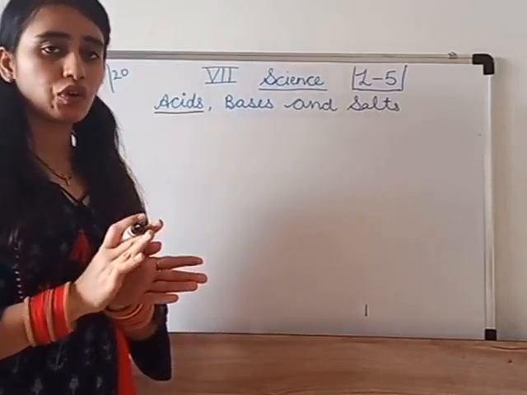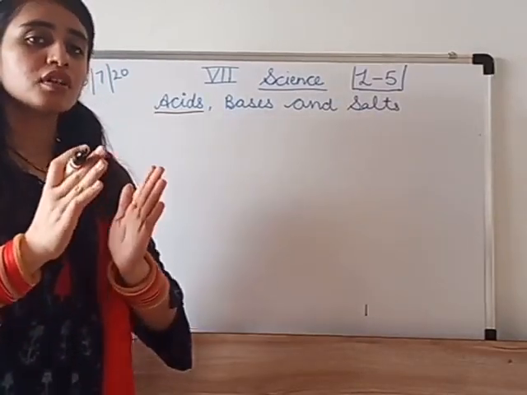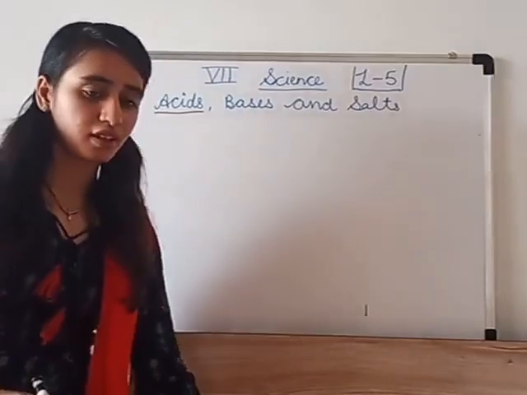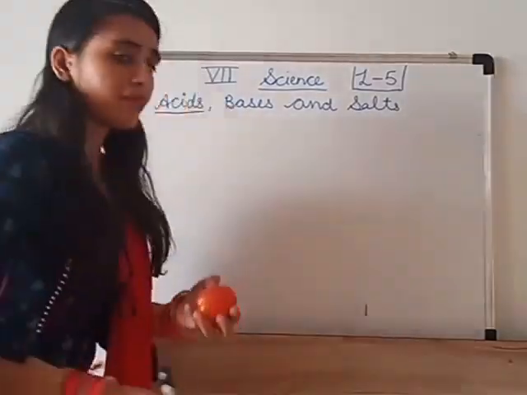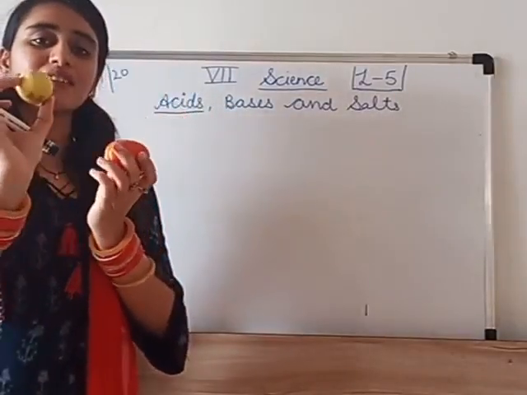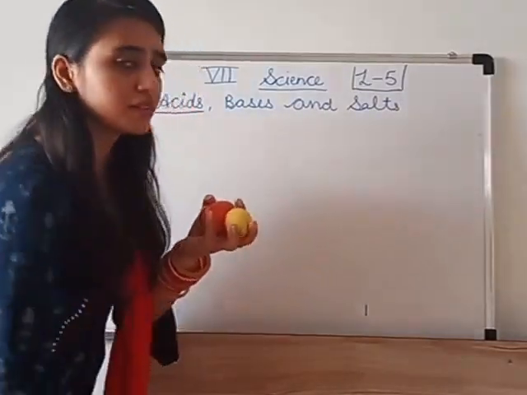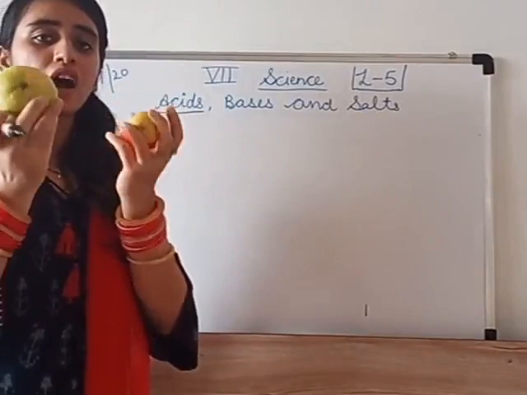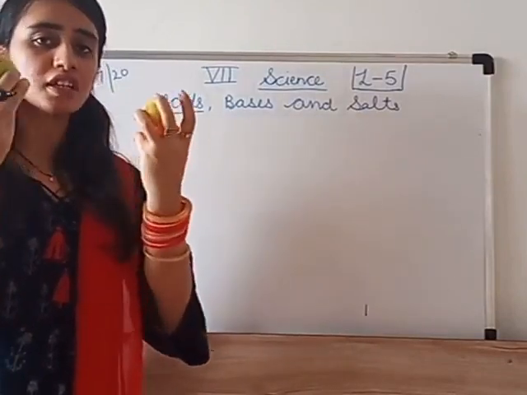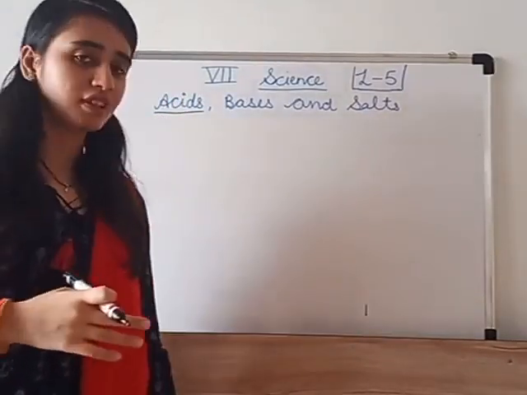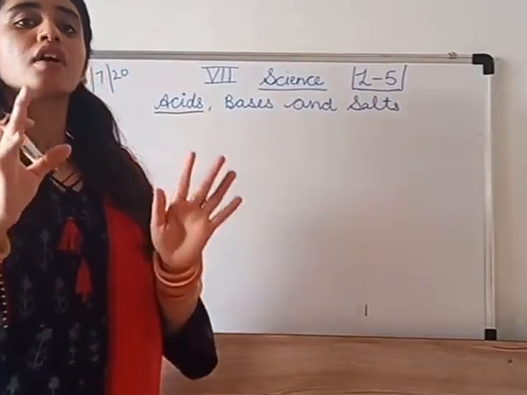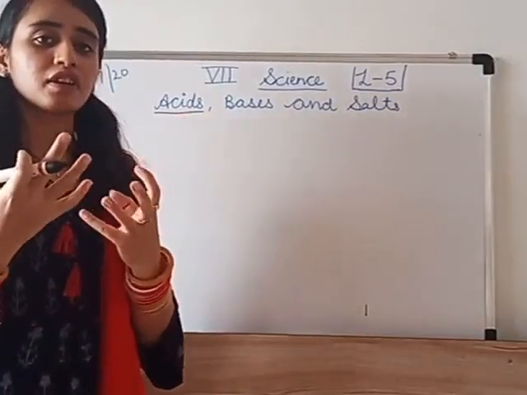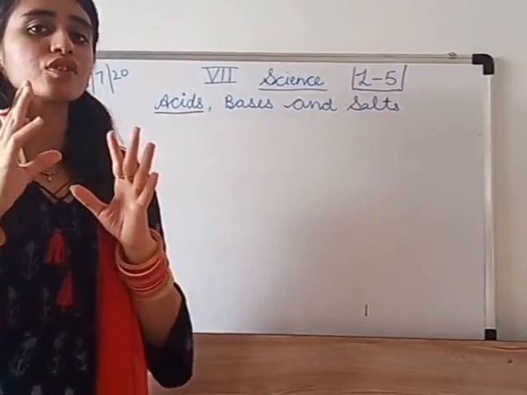Now see, this is tomato, this is lemon, and this is orange. All these have what taste? When we eat these, we use these in our daily life also. When we eat, what do we feel? We feel this taste is sour.